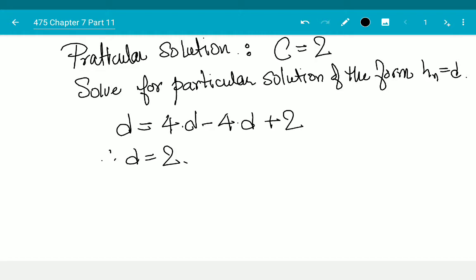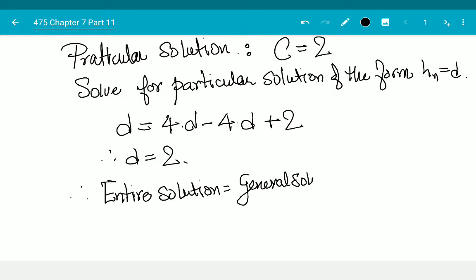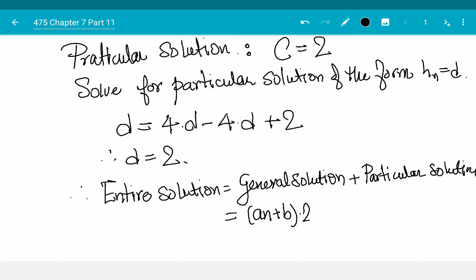And therefore my entire solution is equal to general solution plus particular solution, which is an plus b times 2 to the n plus 2.